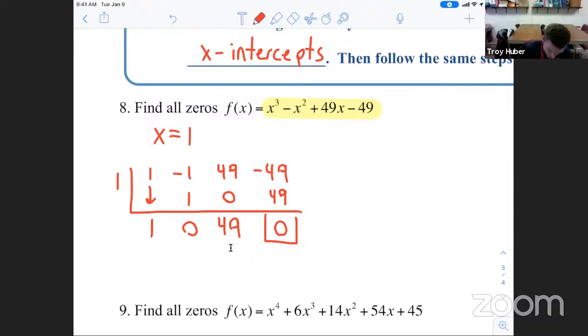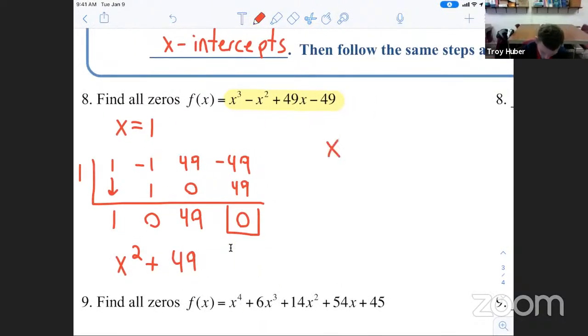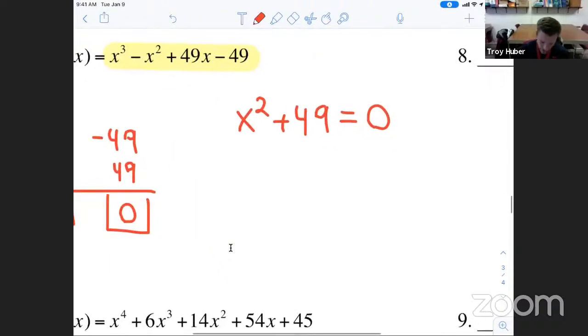So now I'm left with x squared plus 0x plus 49. Now we don't actually have to write this 0x if we don't want to. So now we have x squared plus 49 is equal to 0.